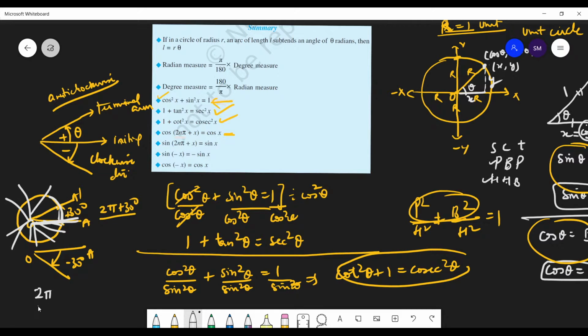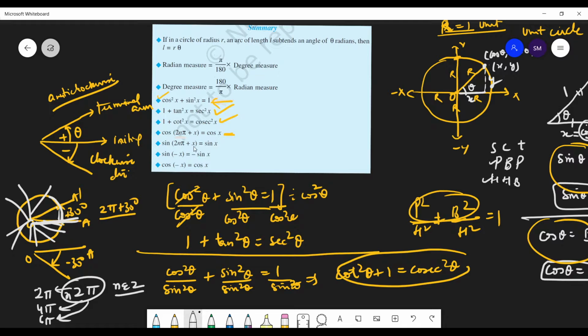So it can be 1 revolution, n revolutions, n into 2 pi. Here n is an integer. Put n equals 1 revolution, n equals 2 revolutions, n equals 3 revolutions.